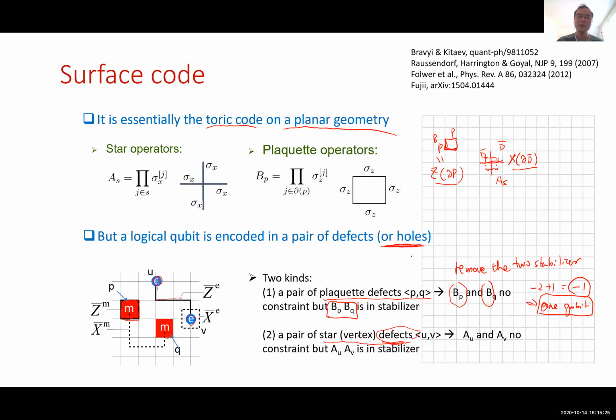So for a pair of the stars, let's say U and V, I don't want to enforce them, we would remove the constraint, meaning that it's not required that A_U acting on the code space is +1, nor require A_V acting on the code space to be +1. We only require the product is in the stabilizer. So similarly, there's also one qubit that you can encode.